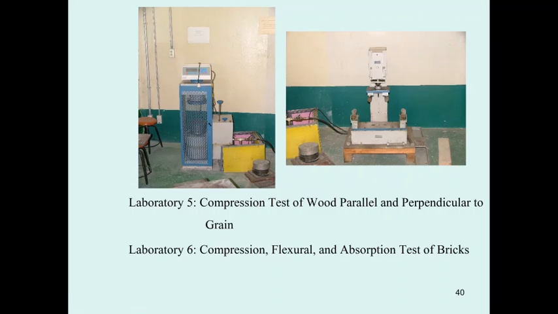This machine is quite versatile and can be used in many laboratories, for lab 5, lab 6, and lab 7. Most of them are in compression. This machine is also going to be used in shearing the wood. So this machine alone can take 4 labs out of the 12 we have.